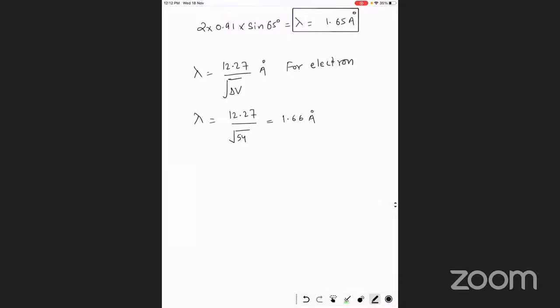Means the theory of de Broglie was correct. Any doubt? Hence, the theory of matter waves is 100% correct. Understood?